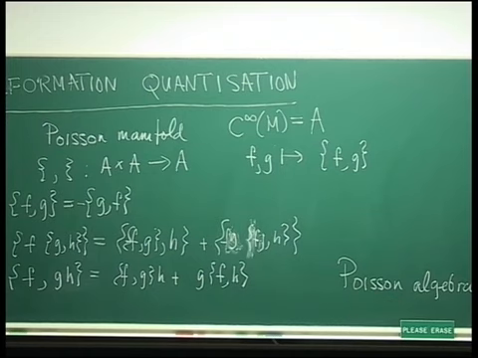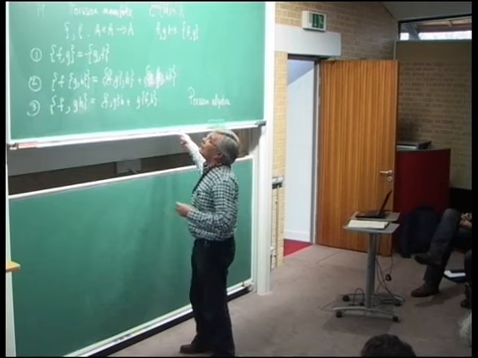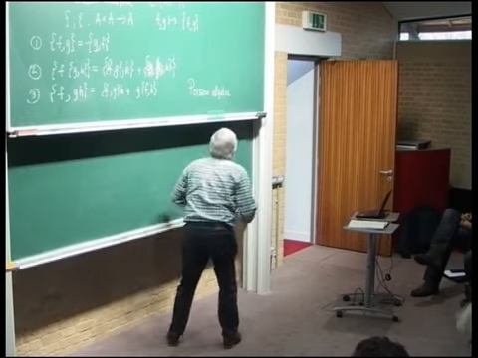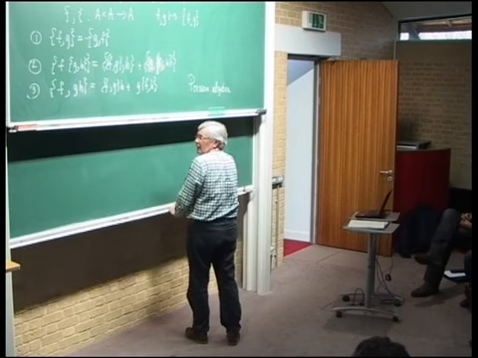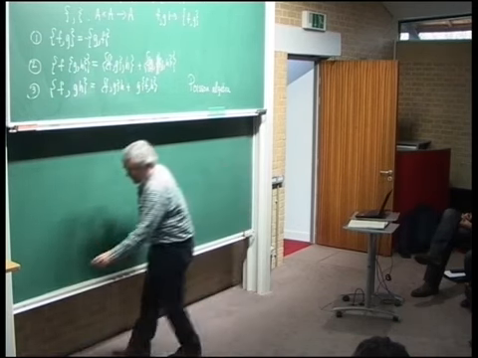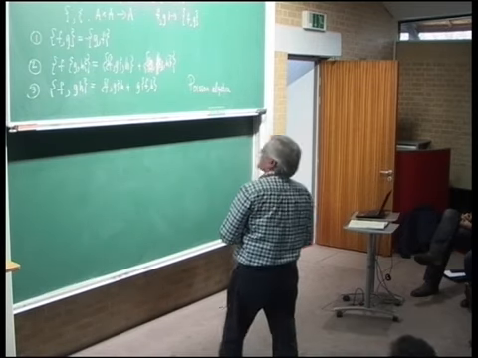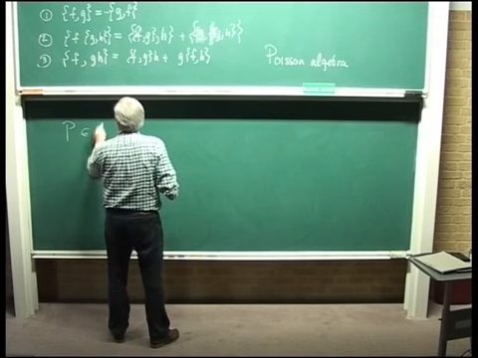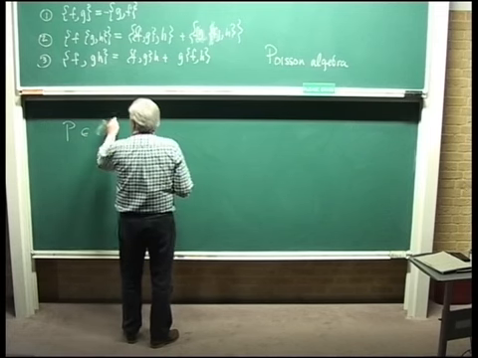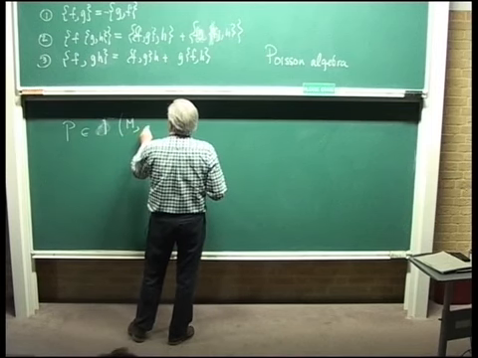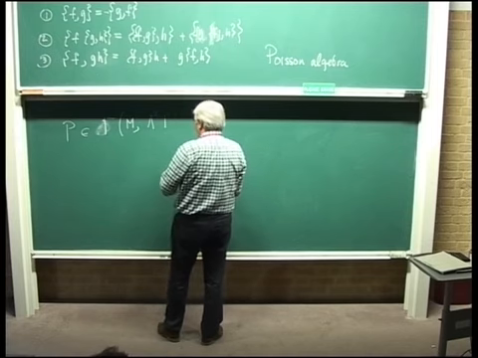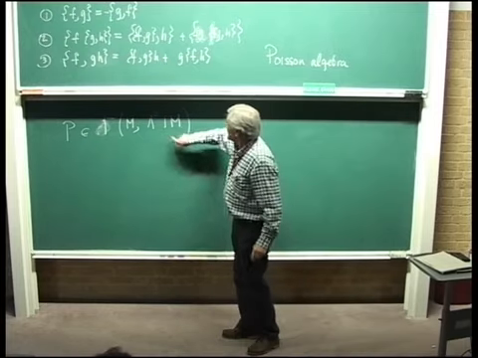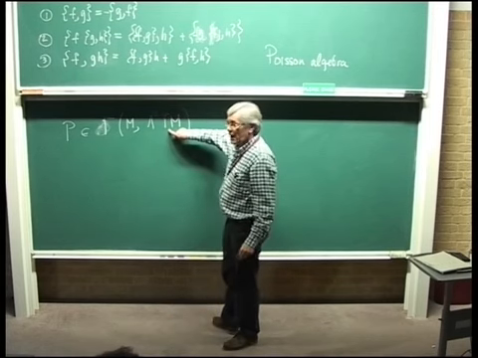Now, it follows that in our symplectic situation, this bracket is given by the Poisson tensor, P. It's a section over M of the second exterior power of the tangent bundle of M. Notice this is the tangent bundle, not the cotangent bundle.